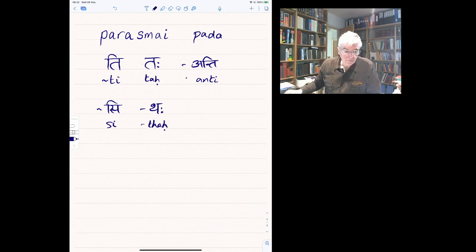And the plural, it's talking to three or more people. It ends in tha, but without the visarga. So in the dual, thah, in the plural, tha.